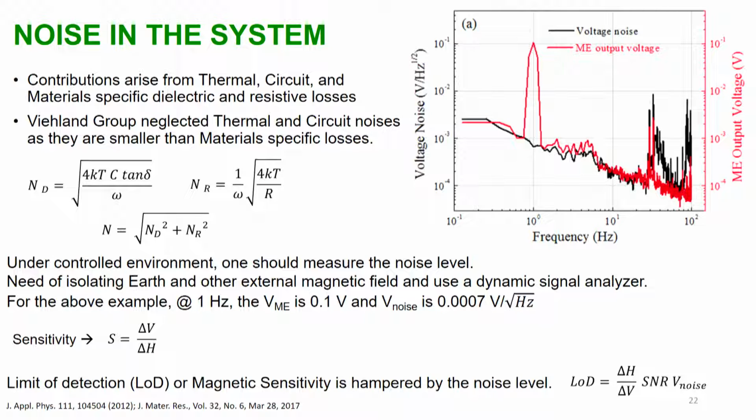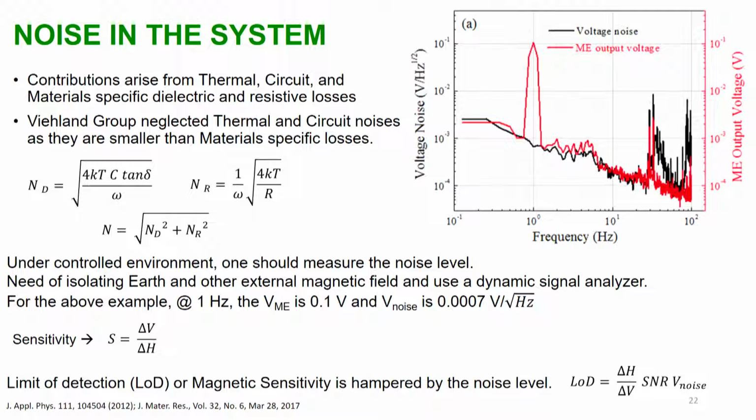If you do not have a dynamic signal analyzer, then you measure as a function of time and see the signal noise in that. For the actual signal measurement, by applying a known magnetic field, you know how much voltage you are getting.